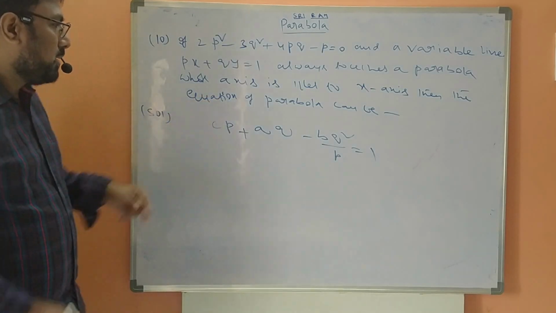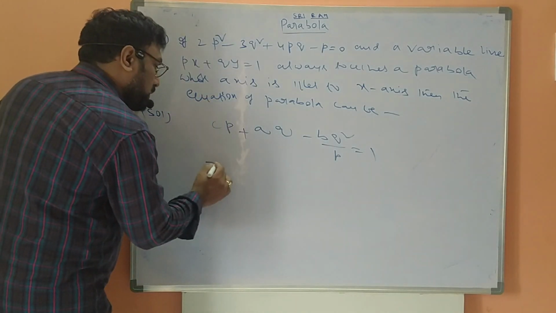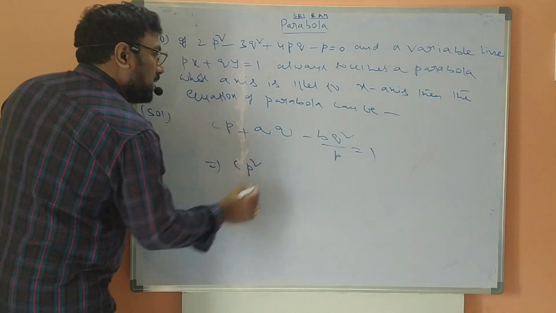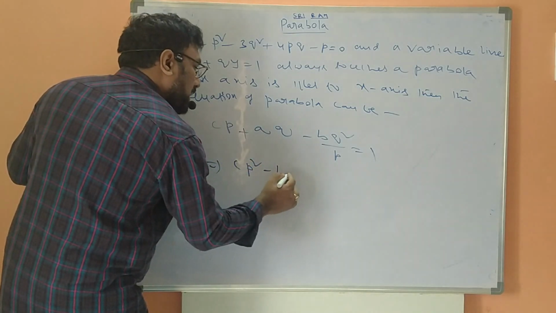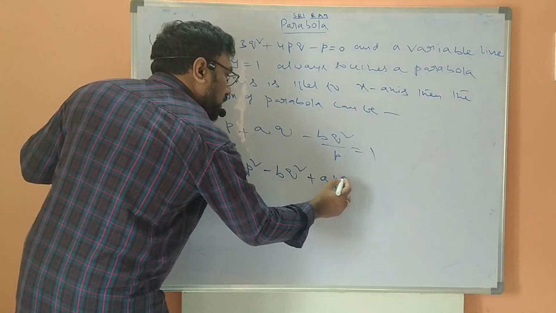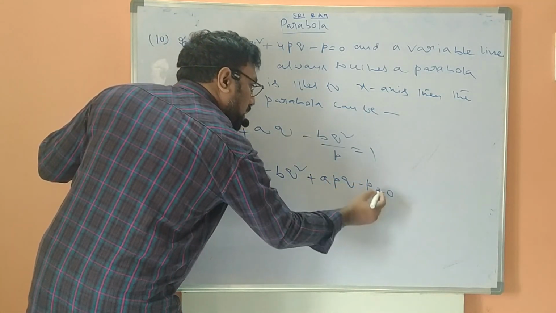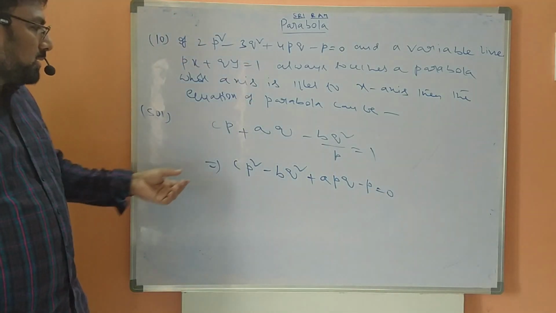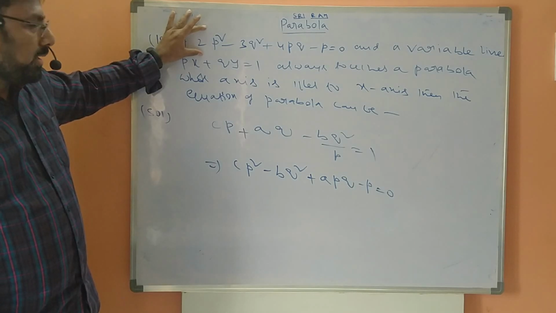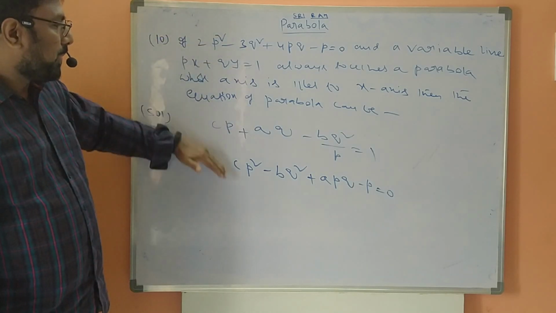Now taking LCM and again cross multiplication, we are getting cp square minus bq square plus apq minus p equal to 0. It is the obtained condition. It is the given condition. Okay. Now both are the same.